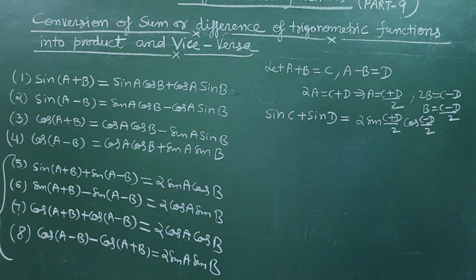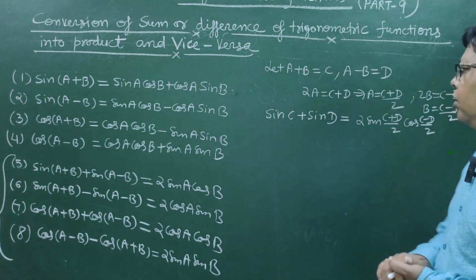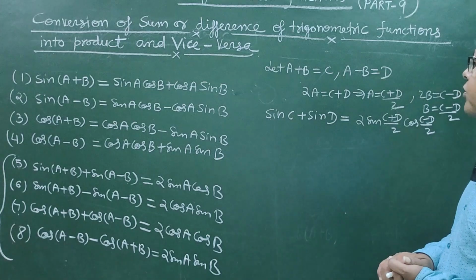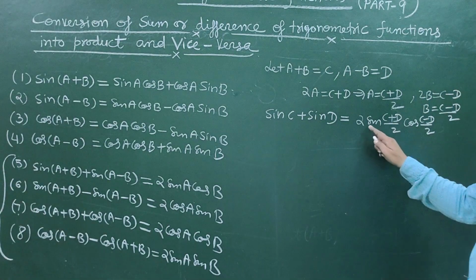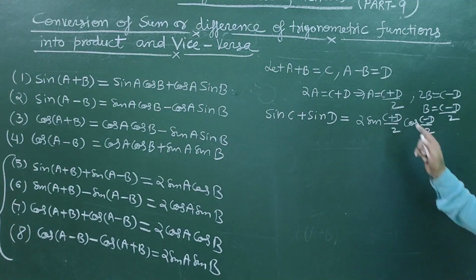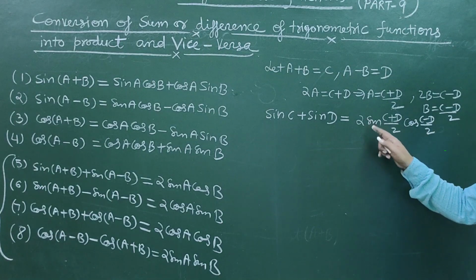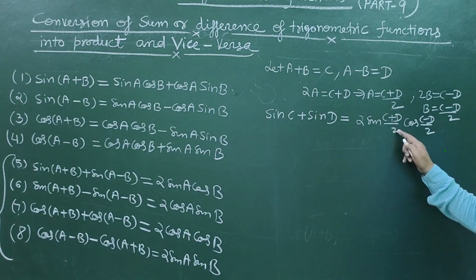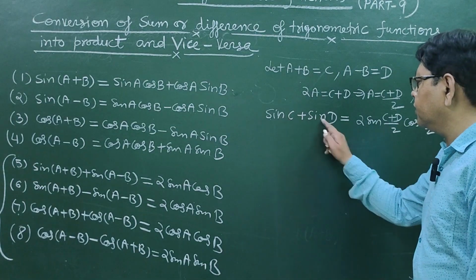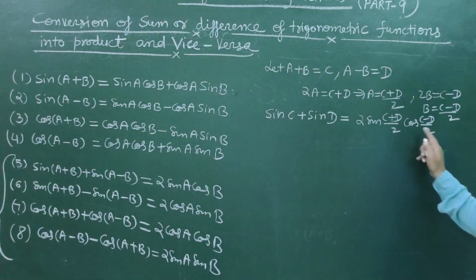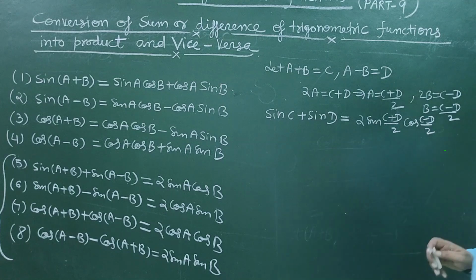So if we have a trigonometric function which is in the form of sum, we can convert it into product using this formula. Sin c plus sin d is equal to 2 sin c plus d upon 2 cos c minus d upon 2. Now here the sign is in plus, and here we have it in the product form.